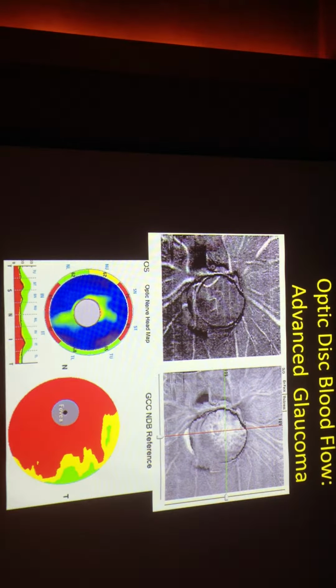When we are in front of very advanced glaucoma, you can choose any kind of segmentation, you have no vessels inside the disc. And so you can observe how important it is to manage and to follow up this kind of vascularization inside the disc.